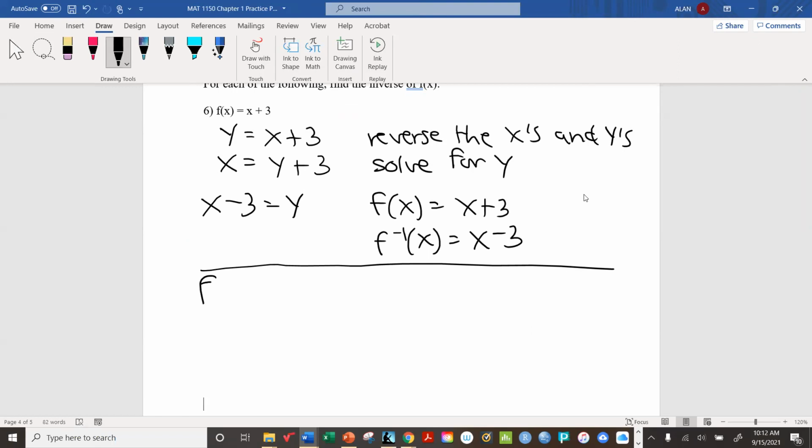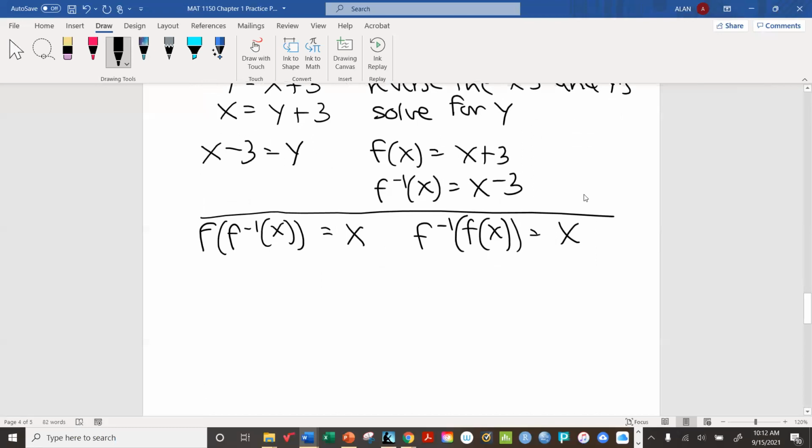I just want to remind you, that little minus 1 is pronounced f inverse of x. So I need to be able to demonstrate that both of these composite functions are equal to x. That's how we prove that two functions are actually inverses of each other.